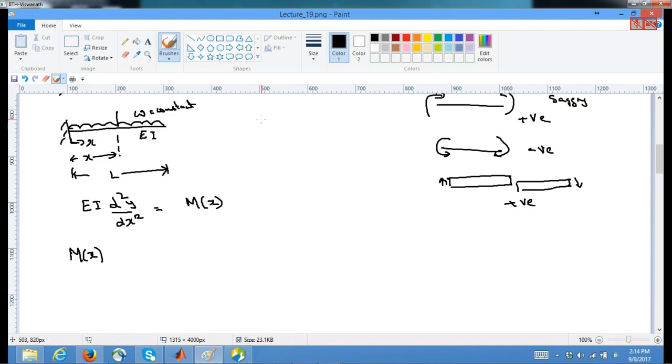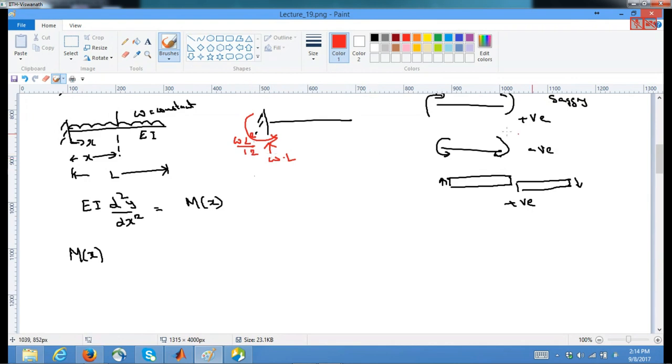the reaction forces from this are W times L, and this moment would be W L square by 12.